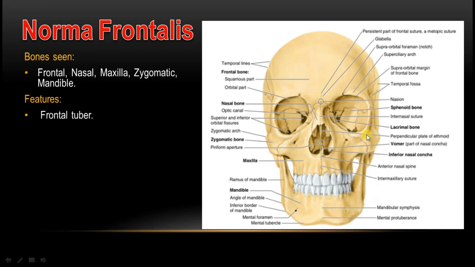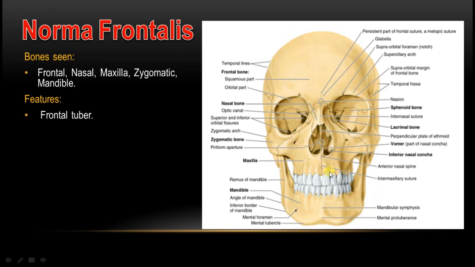Then one more process which is not seen here is the palatine process, which takes part in the formation of the hard palate, the bone which forms the roof of the mouth or the floor of the nasal cavity. So that is in short about the maxilla.